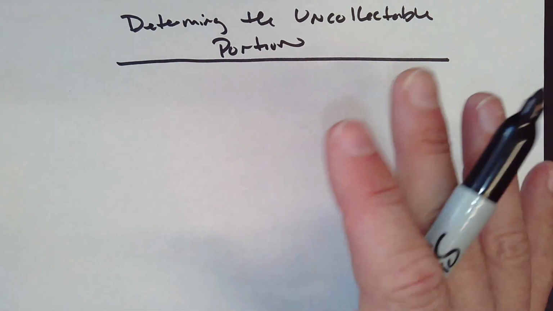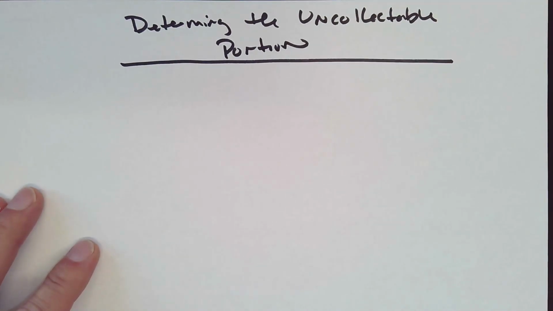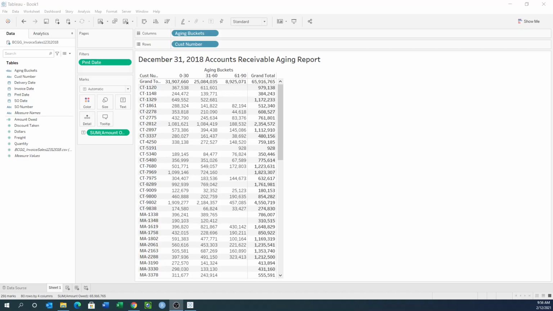We're going to write down what we had for our ending balances here. In the 0 to 30, I had 31,907,660.